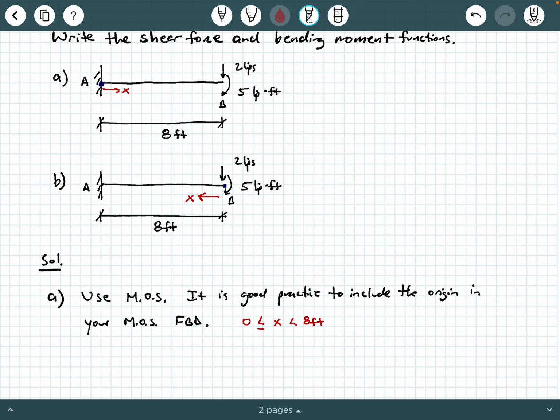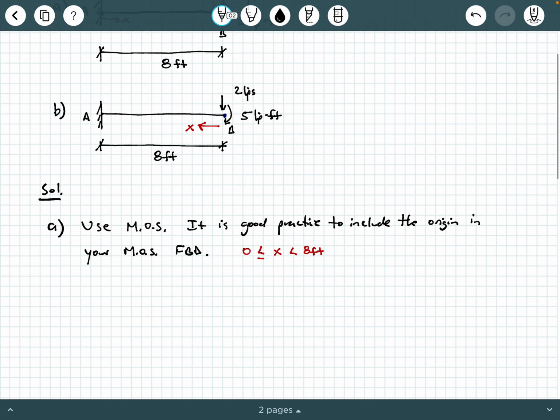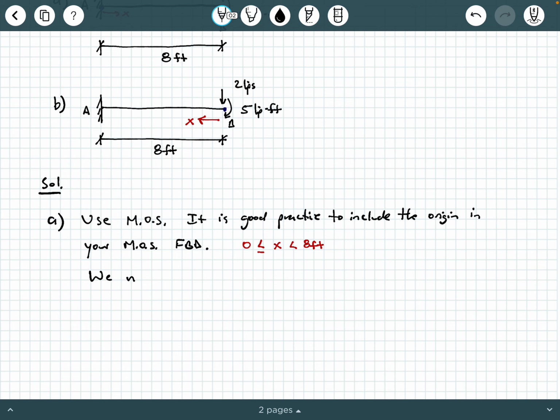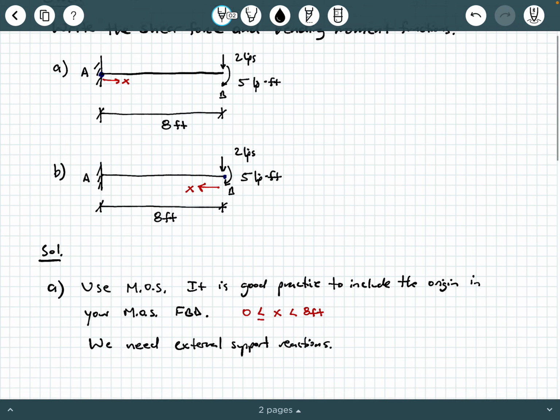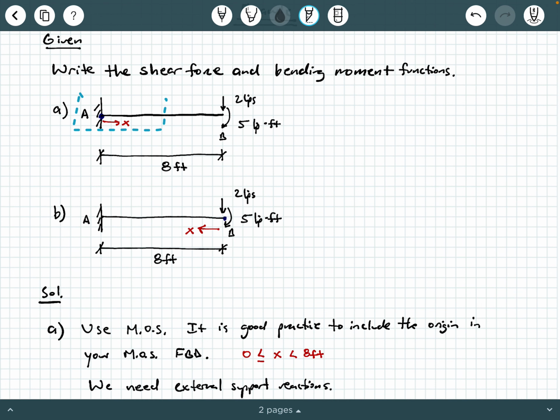We're going to look at a left free body diagram, and that free body diagram is going to include that fixed connection A, which means we will need our external support reactions in order to do this properly. And again, that's because the free body diagram we're going to look at is going to include the origin, which comes from that fixed connection at point A.